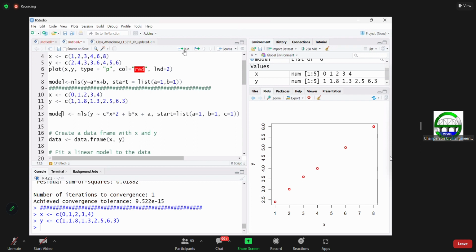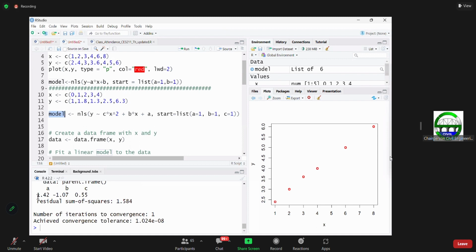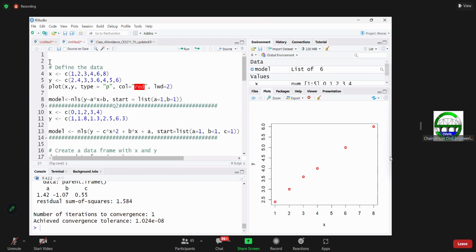Once we put the values in here and check the answer, the answer was 1.42, minus 1.07, and 0.55. Do you remember that in our second question, these were the values? These were the same values. This is question number 2, and this one was question number 1.